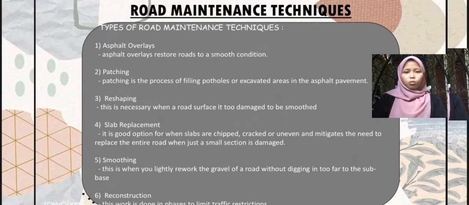Next is smoothing. This is when you lightly rework the gravel of the road without digging it too far to the subbase. And the last one is reconstruction. This work is done in phases to limit traffic restrictions.